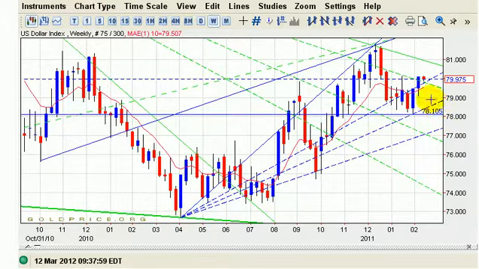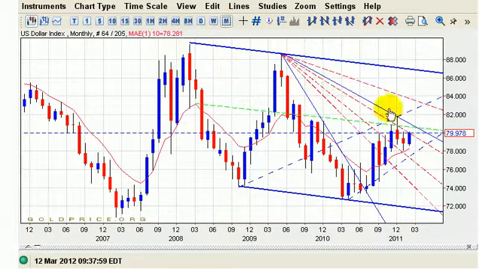Now looking at it on a monthly basis, again you would see here a Fibonacci resting at the 38.20% level resistance line and within a rising channel from the previous.